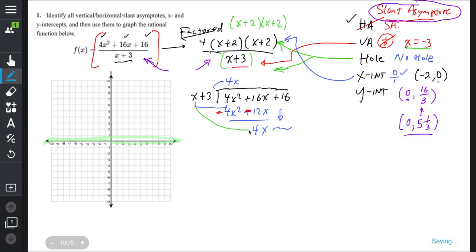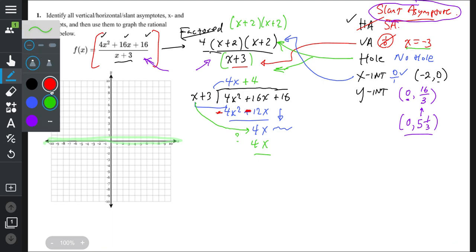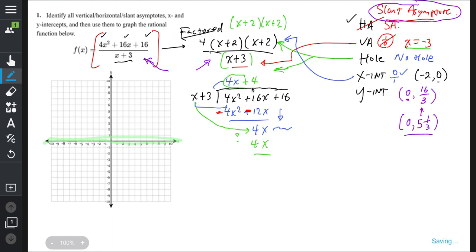X times what makes 4x? X times 4 makes 4x. And I can stop right here. So here's the equation of our line, right here.